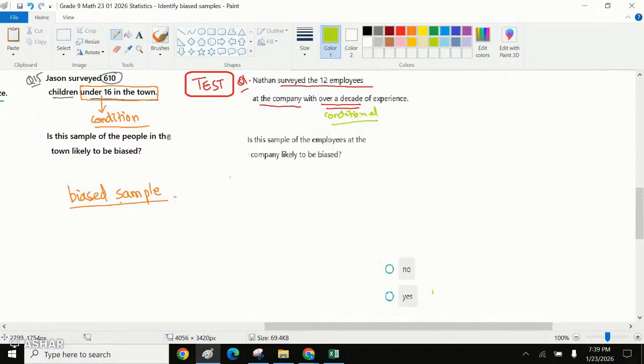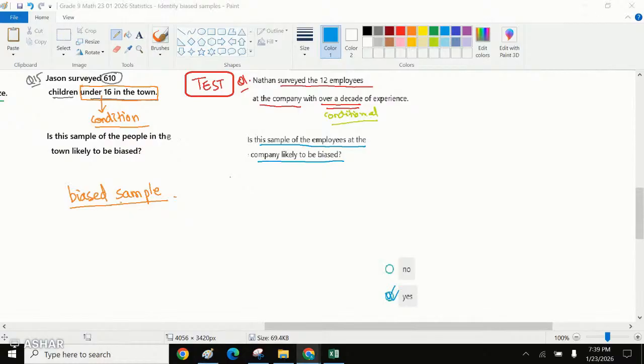So whenever it's conditional, what should happen? Should it be biased or unbiased? They are saying, is the sample of the employees at the company likely to be biased? Yes, it is biased because there is a specific condition. In order to be surveyed, you have to have over a decade of experience.